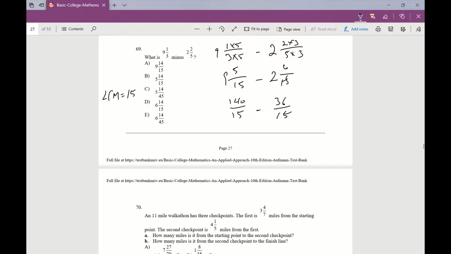At this point, if you have a hard time figuring out how to do the conversion between mixed numbers and improper fractions, I suggest you review the previous videos in which I talked about it. Now we'll continue to do the math. 140 minus 36 will be 104 over 15, which will be D, 6 and 14 over 15.